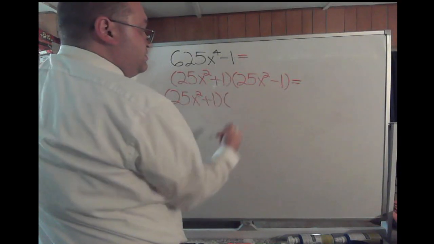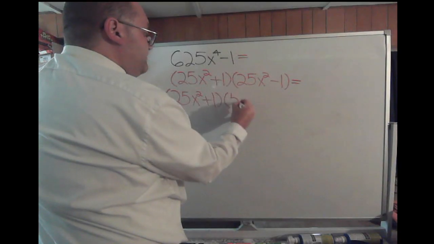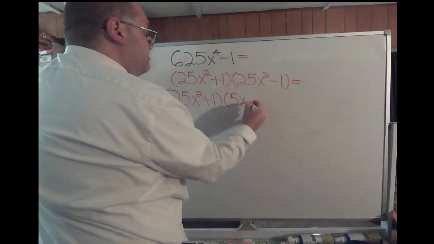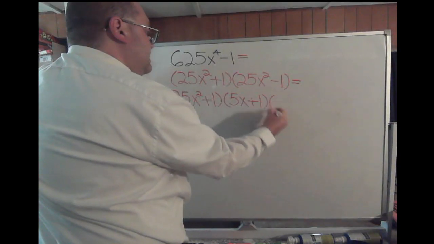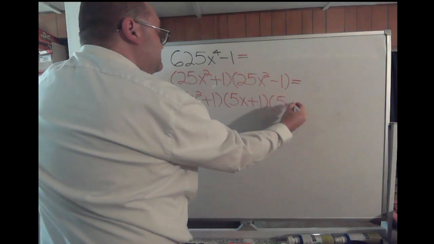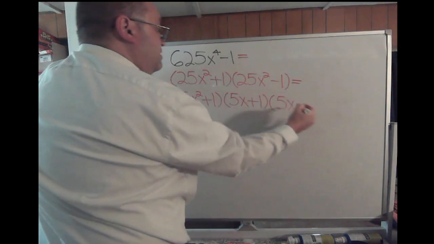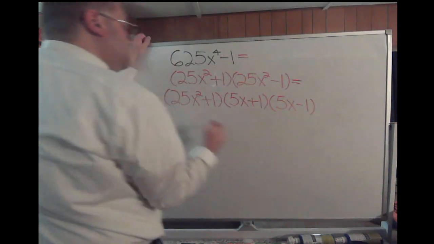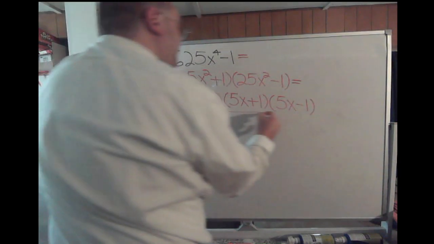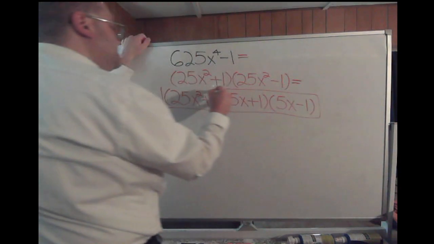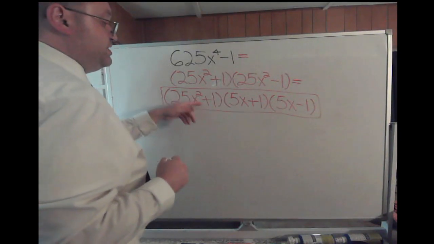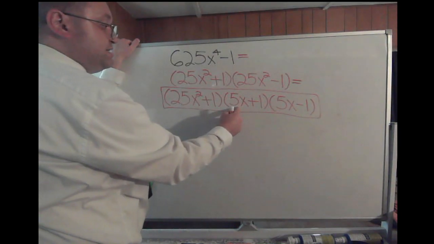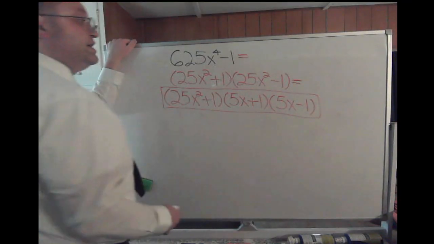So take the square root of 25x squared, that would give you 5x, plus the square root of 1, which would be 1, times the quantity of 5x minus the square root of 1, which would be 1. So the answer for the factorization you should get would be the quantity of 25x squared plus 1 times the quantity of 5x plus 1 times the quantity of 5x minus 1.